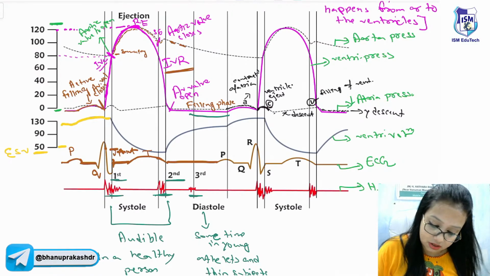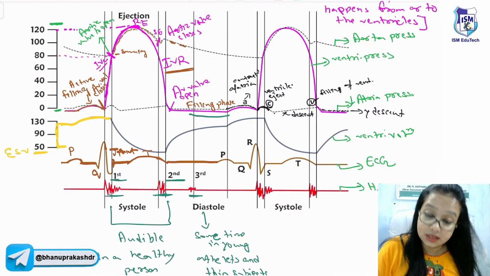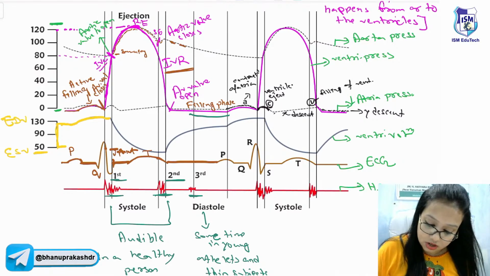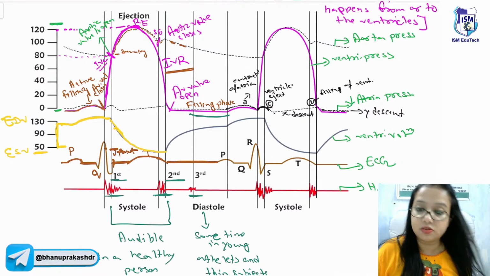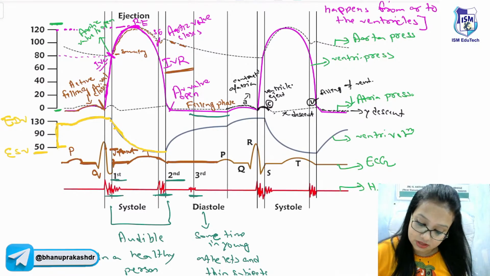So during the filling of the ventricle, by active and passive filling, it reaches a maximum of 130 ml, which is the end diastolic volume. During the ejection, there is a rapid fall in the blood volume because the ventricle is pumping out blood.